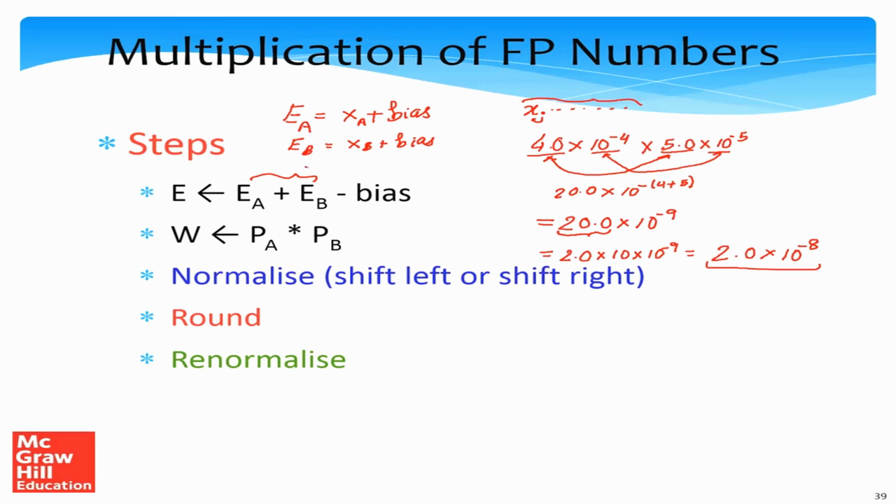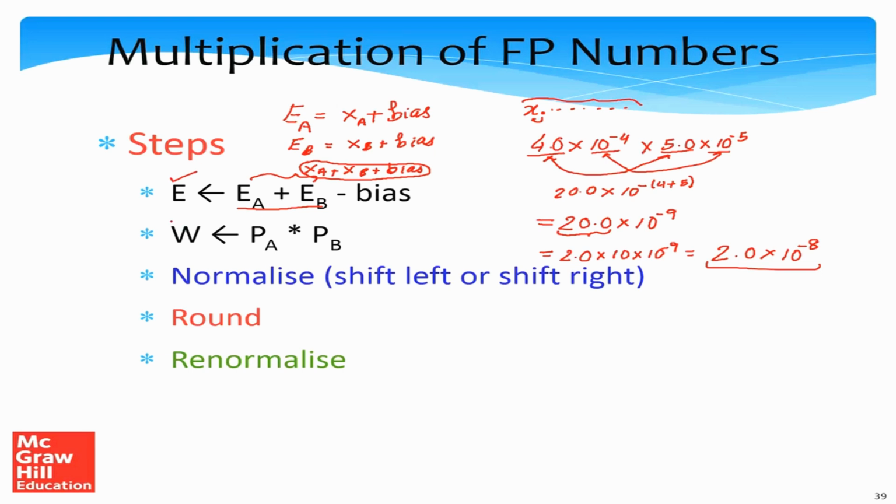The final result that we want is XA plus XB plus bias. Since EA plus EB will add the bias twice, we add EA and EB and then subtract the bias. So the final result is essentially the sum of the exponents represented in the bias notation. This will be the final exponent E.